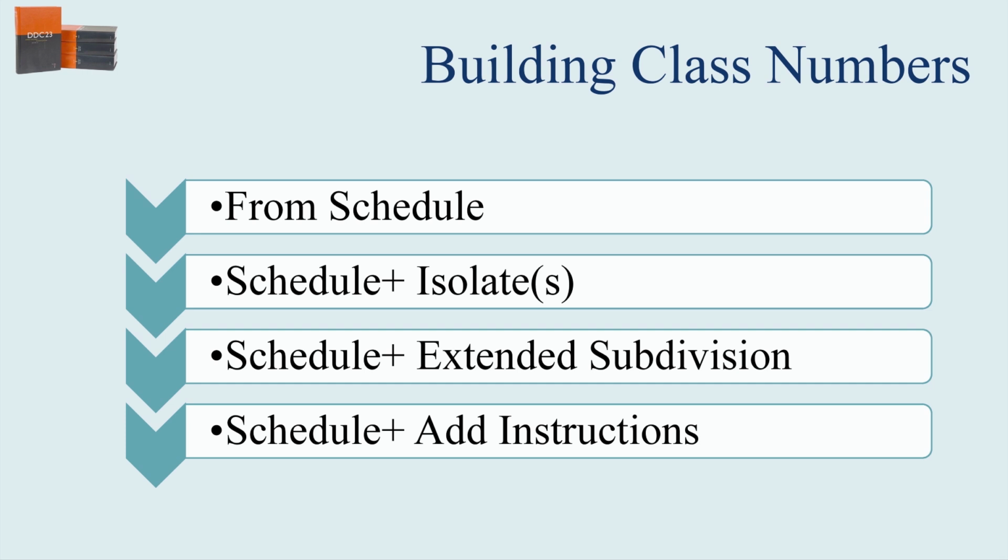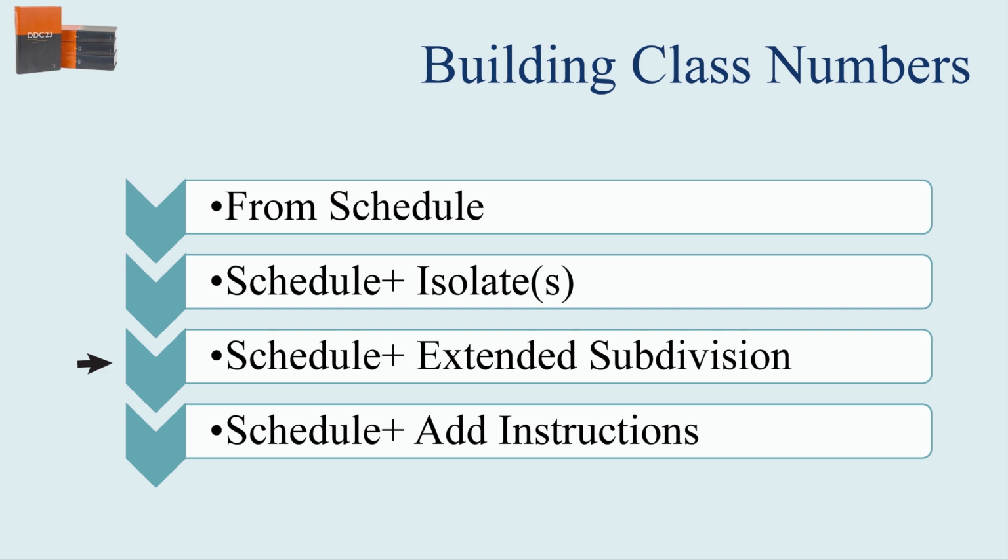Firstly, the simplest one, we can pick a class number directly from the schedule, or there may be some isolate ideas in the title, so we have to add the isolate ideas from the tables as well as the base number from the schedule. In the schedule, you can also find some extended subdivision of a class or a range of classes.